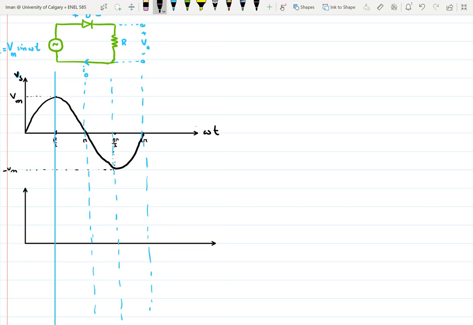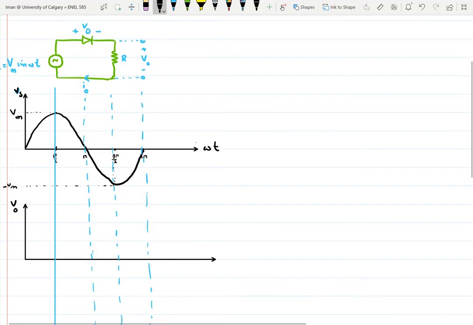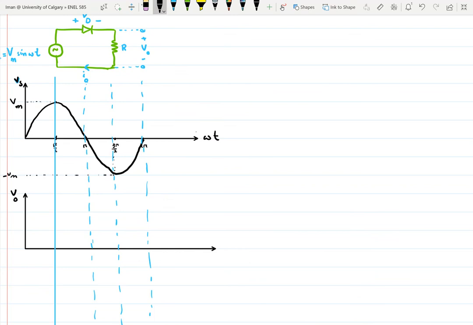And now for V out, my V out, because I have a diode here, only conducts when we are in the positive half cycle, so it would be equal to Vs and then it would be equal to 0 for the rest of the cycle.